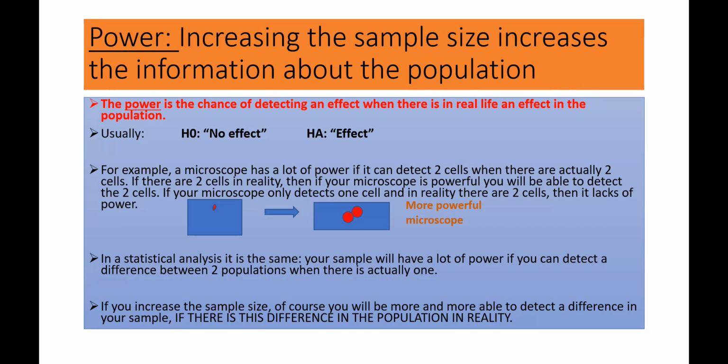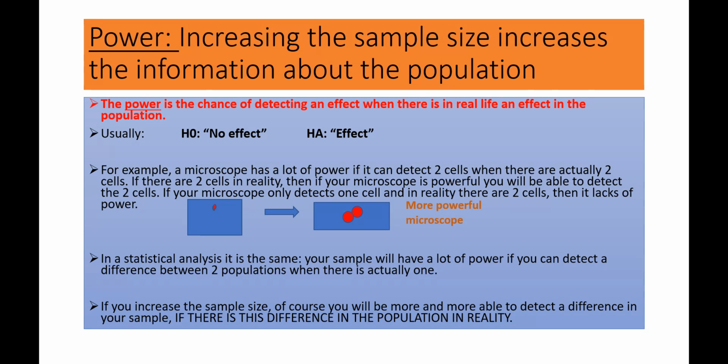If you look at the square on the left, it's not possible really to detect 2 cells unless you get very close to it. If your microscope only detects 1 cell and in reality there are 2 cells, then it lacks power. So if you zoom a bit, then your microscope becomes more powerful. In the case where you really have 2 cells, you will be able to detect them with the powerful microscope on the right, okay?